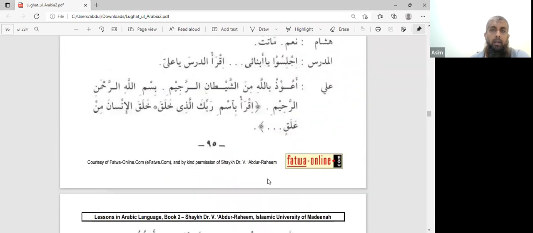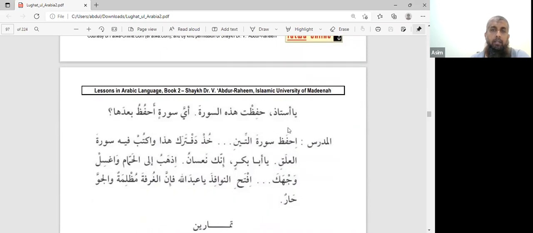So Ali read out the lesson, and then he says, Ya Ustadu, O teacher, hafidhtu hadhihi surata. I memorized this surah. Remember, don't forget our past tense verbs. We have suffixes added at the end, nothing added at the beginning. So we have this verb, hafidha, which means he memorized or he protected.